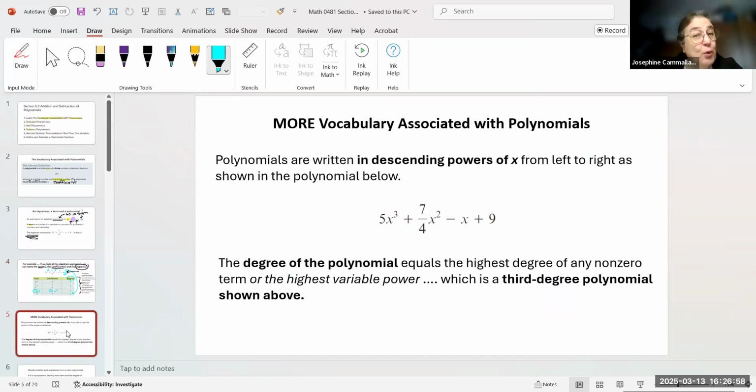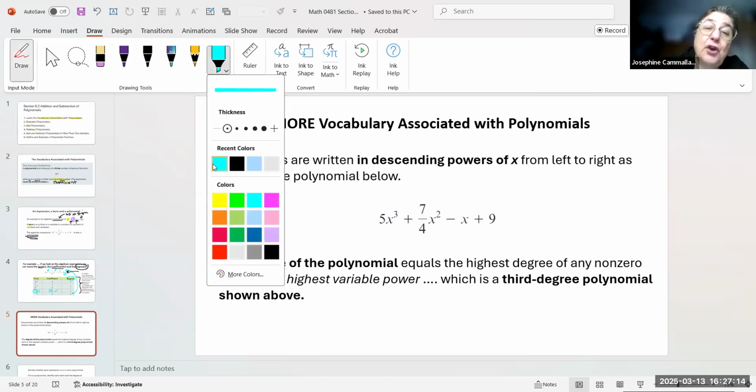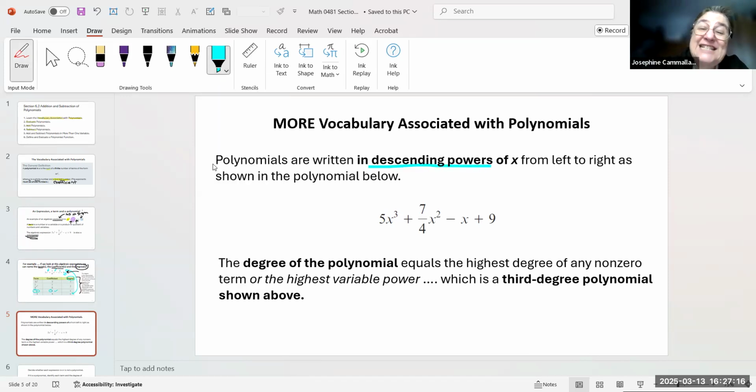Now, more vocabulary. Now, this is something that up until chapter 6 you could have gotten away with. You are going to need to write your answers of all polynomials going forward in descending order based upon x.